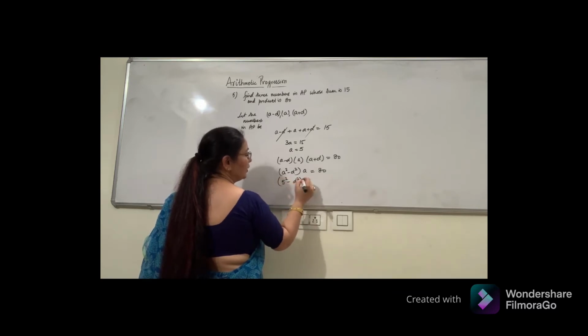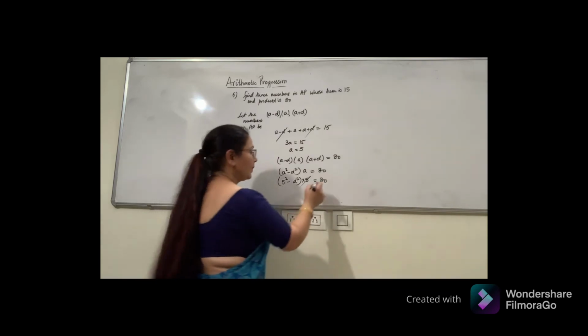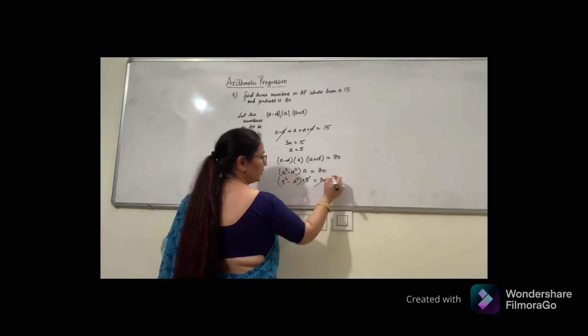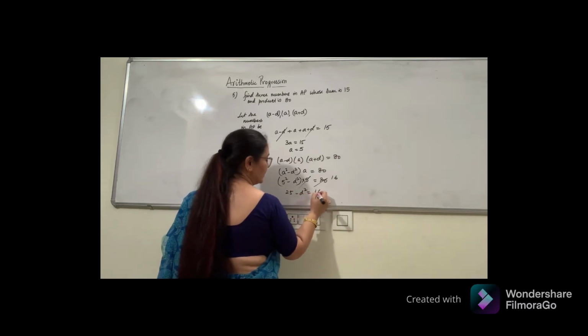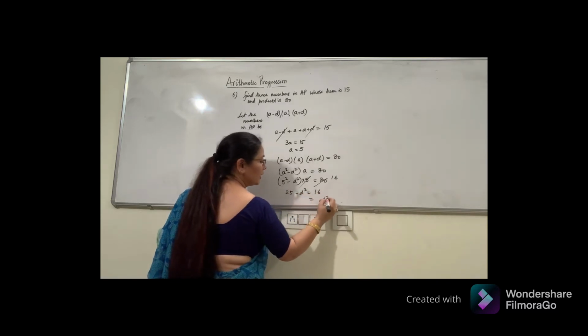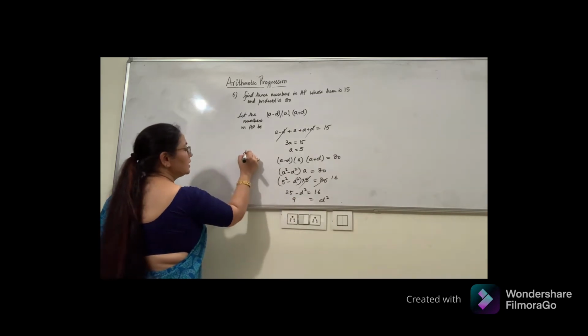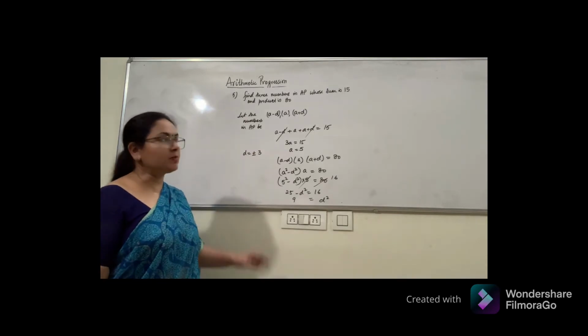So we have to evaluate d here. 5 ones are 5 and 5 16s are 80. Okay, so 25 minus d square is equal to 16, and if I put d square here, then 25 minus 16 is 9. So d is plus minus 3.